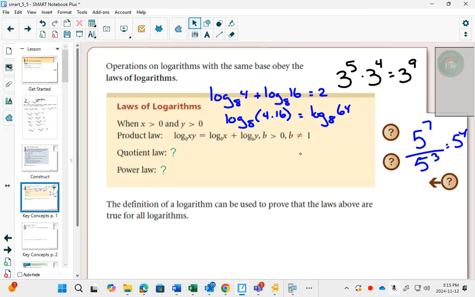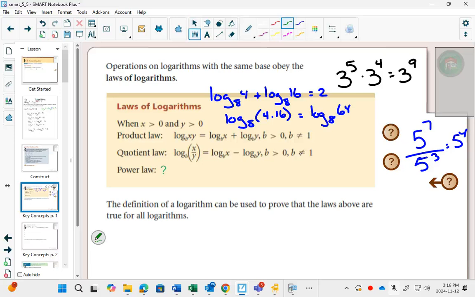And just like you have a power rule that says if you divide, you subtract, in logarithms, if you're dividing inside of a logarithm, you can decide just to subtract two logarithms with the same base.